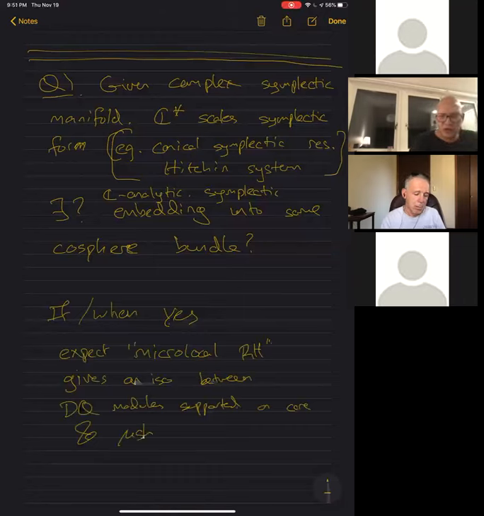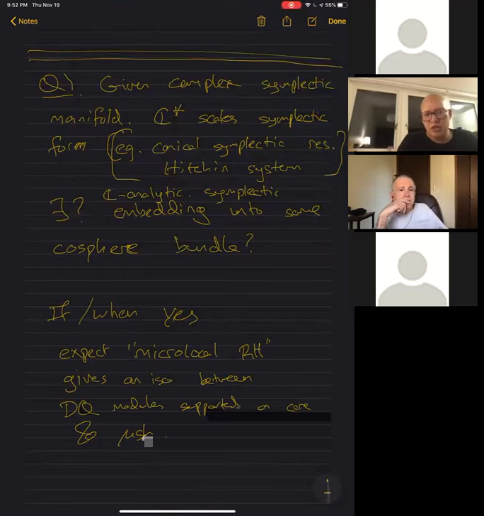It would be almost a corollary of microlocal Riemann-Hilbert, to the extent that microlocal Riemann-Hilbert is a well-defined theorem. One has to worry maybe a little bit about whether or not C star equivariance is either excessive or needed.